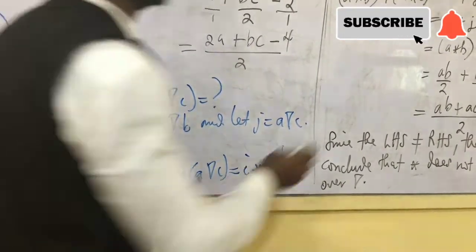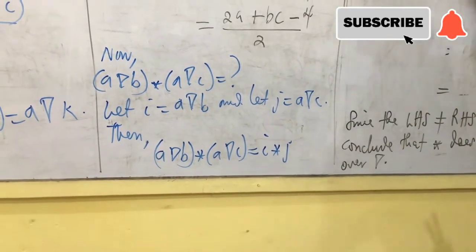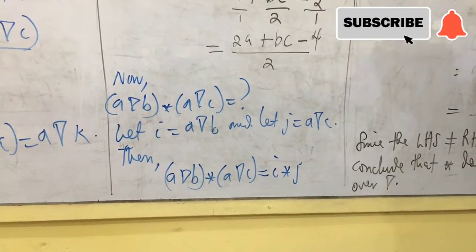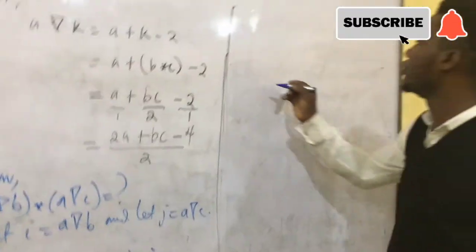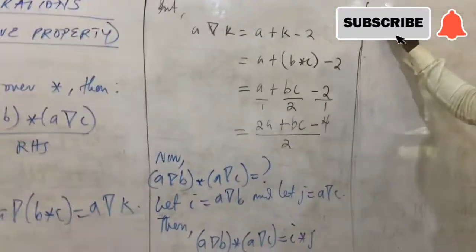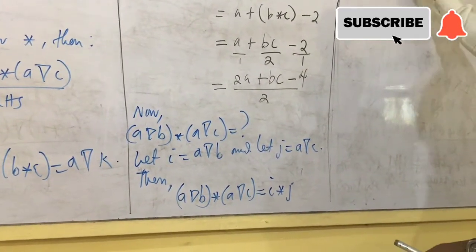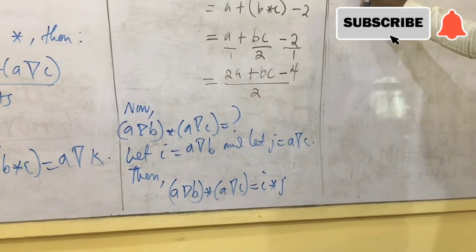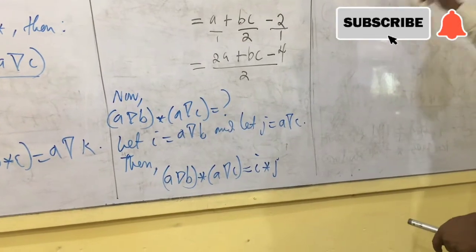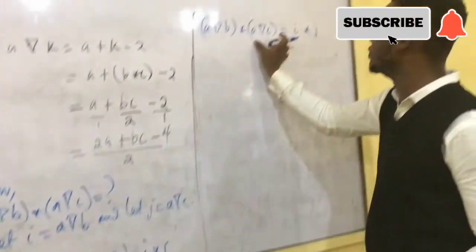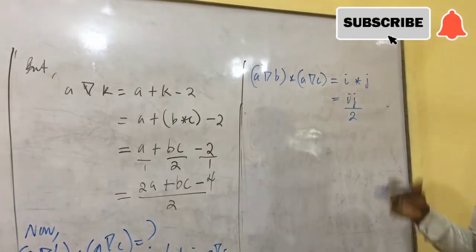Okay? Now, that brings me to my final result over here. So let's come over here and get a final result on that. Now you will notice that a nabla b asterisk a nabla c, which is now equal to i asterisk j, because we have used i to represent this and j to represent this, will give us ij all over 2 by that definition.